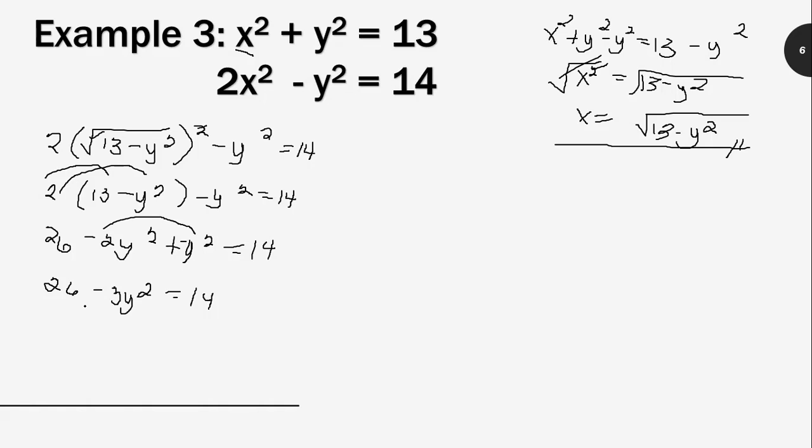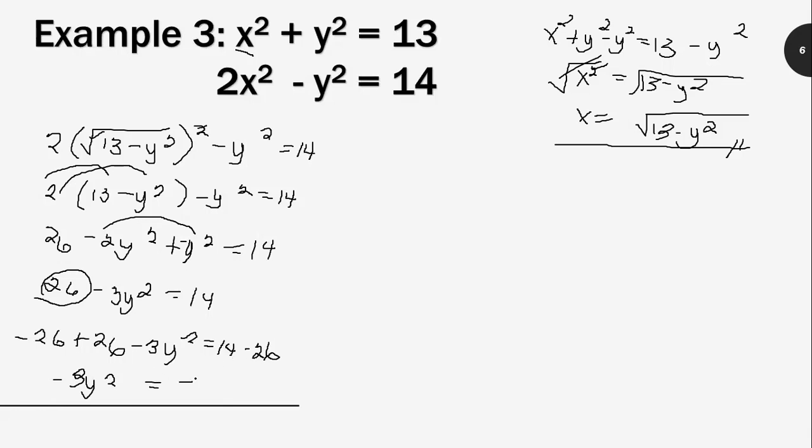Para po 3y squared matira dyan, we have to add the opposite po ng positive 26, which is negative 26. Negative 3y squared is equal to 14 minus 26.